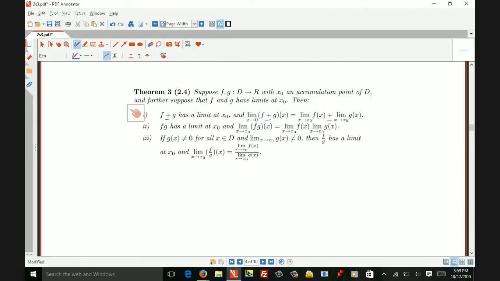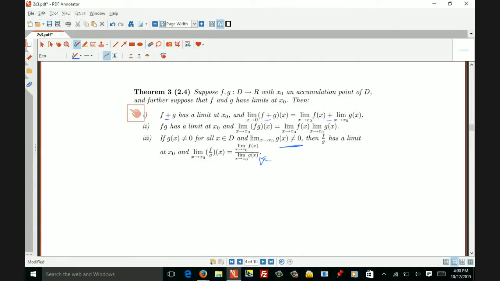So f plus or minus g has a limit at x naught, and the limit of f plus or minus g is the limit of f plus or minus the limit of g. F times g has a limit at x naught, and the limit of f times g is just the limit of f times the limit of g. And then the division has a limit, the limit of f divided by the limit of g, assuming the limit of g of x is non-zero.